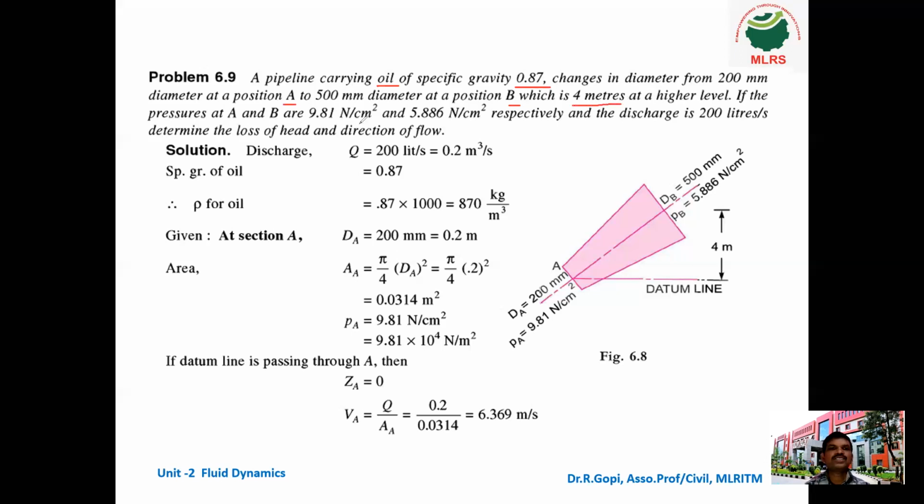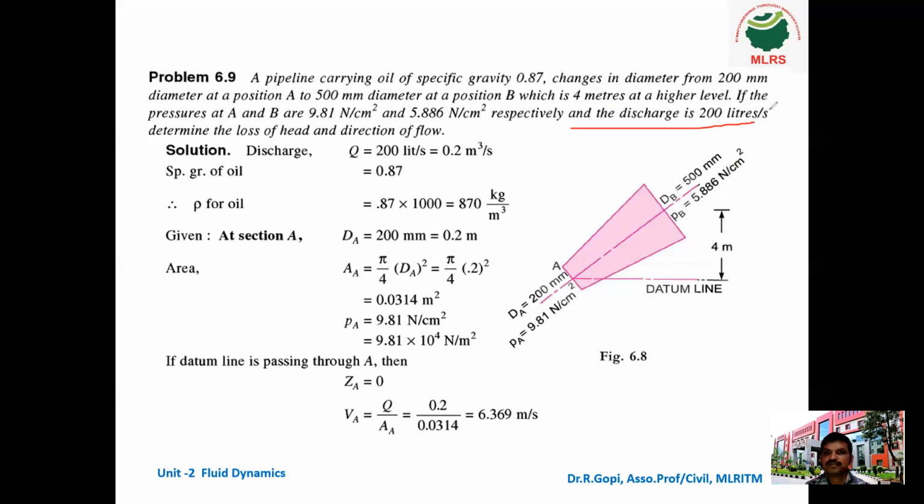If the pressures at A and B are 9.81 Newton per centimeter square and 5.886 Newton per centimeter square respectively, and the discharge is 200 liters per second.